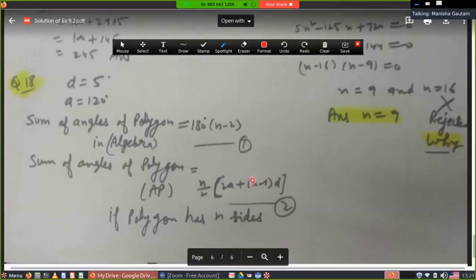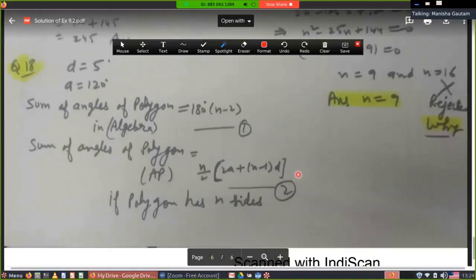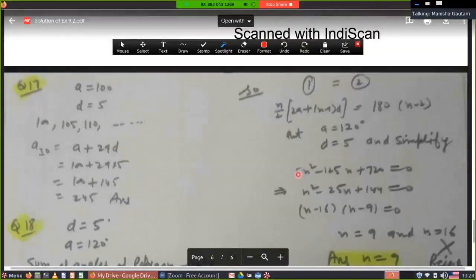Now the sum formula of the AP and the geometry formula both will give the same answer. These are the two ways to calculate the sum of the angles of the polygon. Applying these two formulas, you will get the same answer, so you can equate them like this.